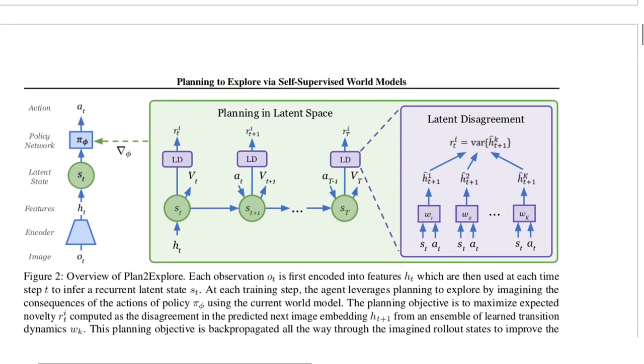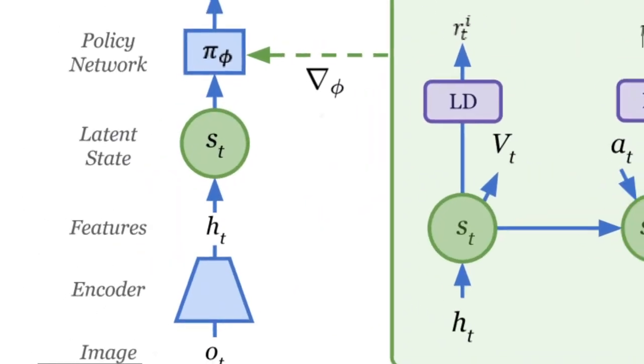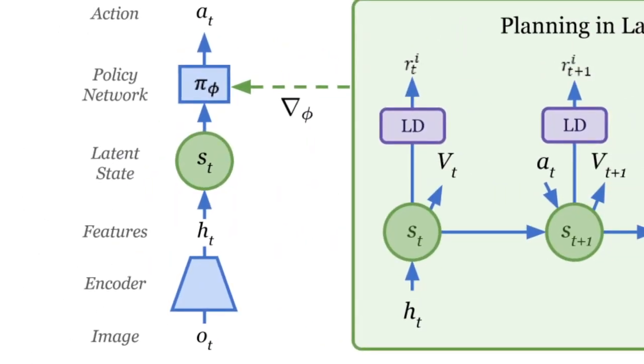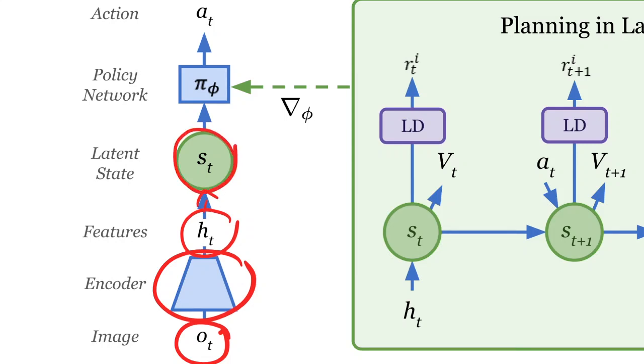So in essence, what does this agent do? The agent works as follows. It gets an input observation and it runs that through an encoder, which is usually something like a convolutional neural network. And that will give you a set of features, right? So this is sort of an embedding of the state that you're in. And that you can incorporate into a latent state at time t.